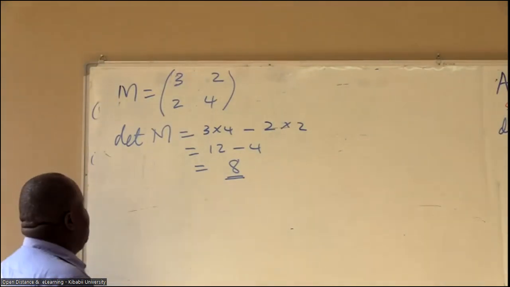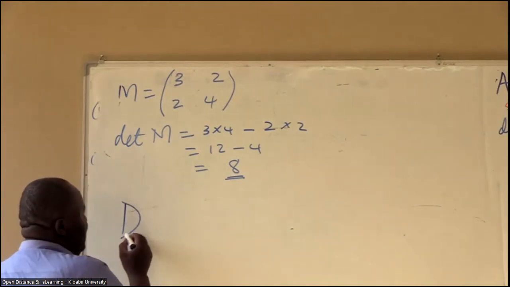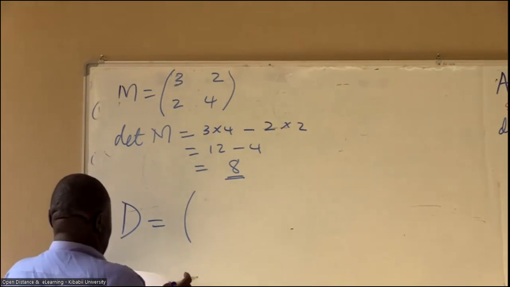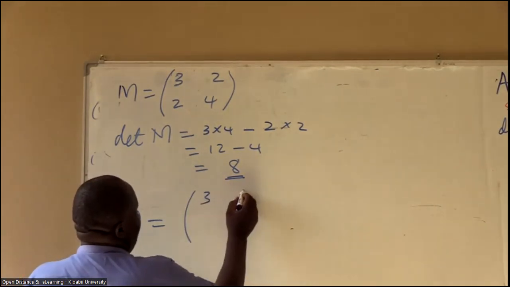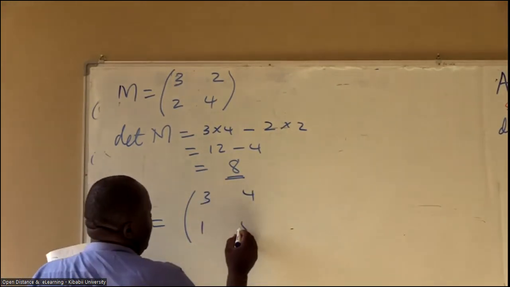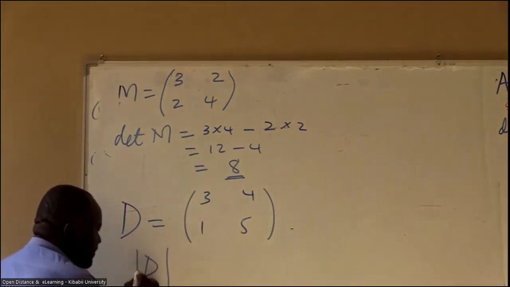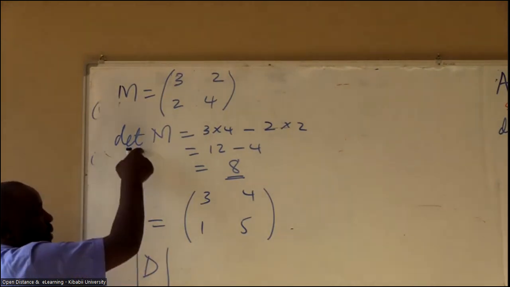Maybe you look at the final case. A matrix D defined as 3, 4, 1, 5. Then the determinant of D, if I do it this way or this way, is the same.